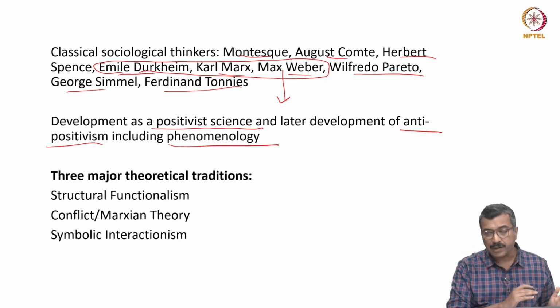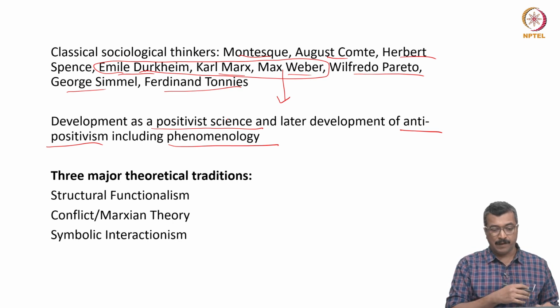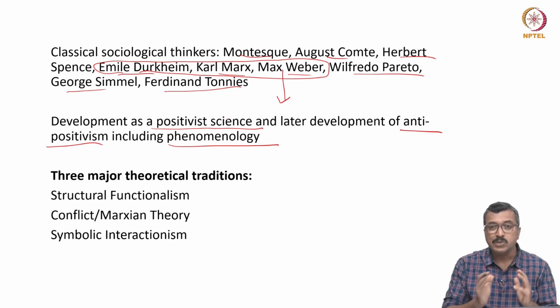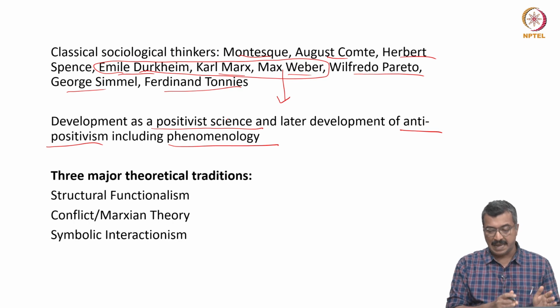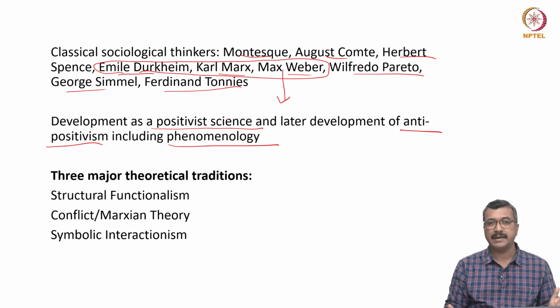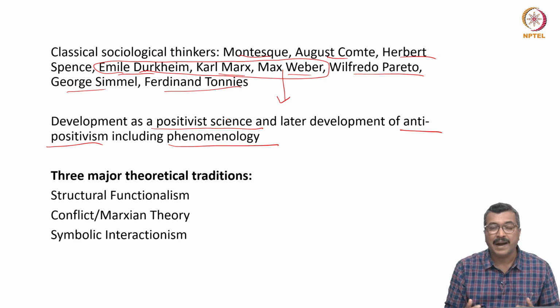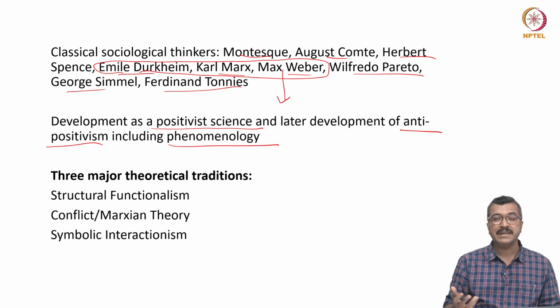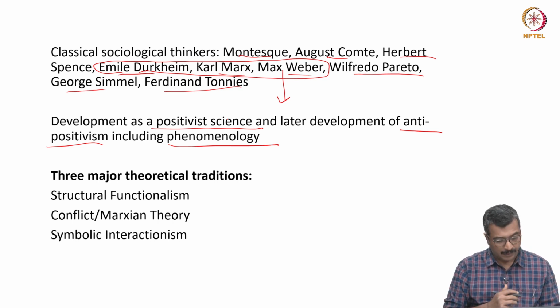The subsequent development of sociology will demonstrate that you see these two strands of thought, positivist as well as anti-positivist. It continues, it goes hand in hand, and the debates about the nature of sociology are unending. It continues to have divergent methodological foundations.